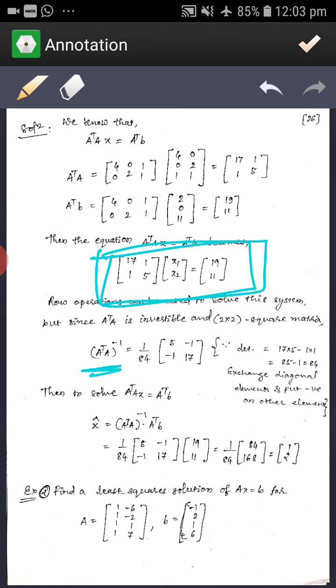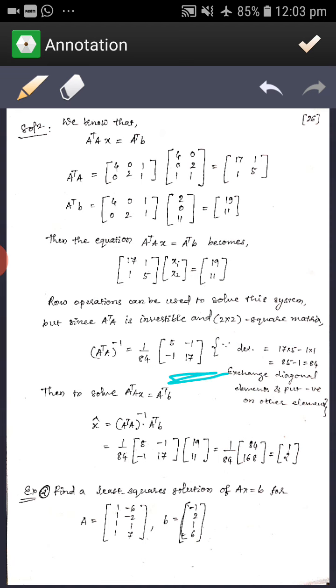The determinant of A transpose A is 17 into 5 minus 1 into 1, which is 85 minus 1, so that is 84. So 1 by 84 is the 1 by determinant, into the inverse matrix.